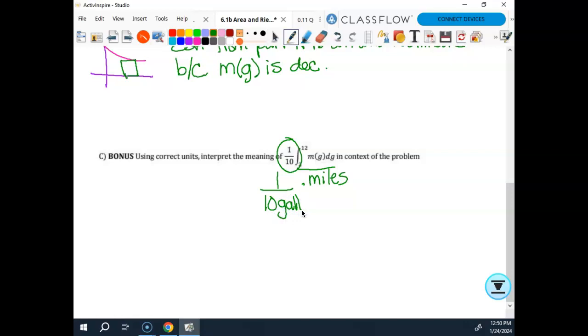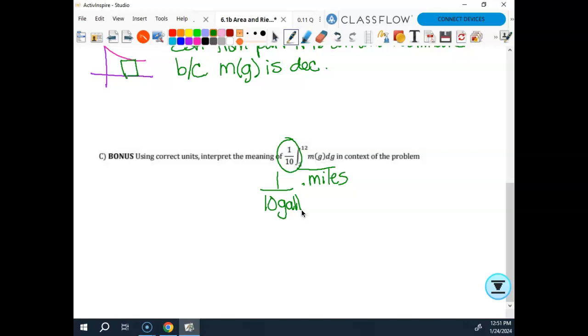So that gives him what? It'll give you miles per gallon, which is what the other stuff did too, but it gave me miles per gallon at each little interval. So this is miles per gallon over the whole trip. It's the average miles per gallon. It's the average gas mileage he got, which is what we usually look at when we're looking at gas mileage, okay?